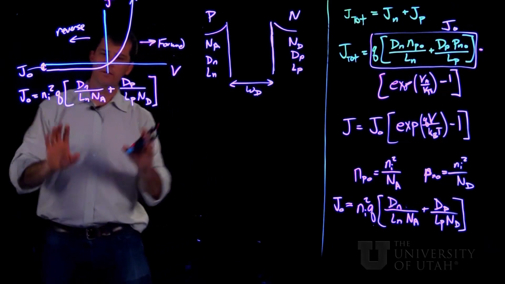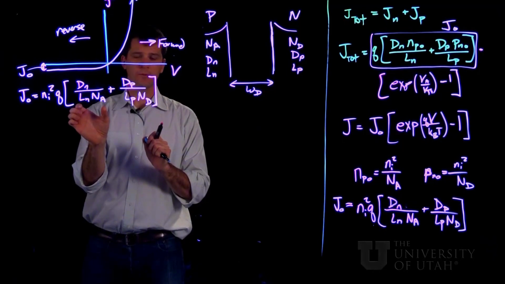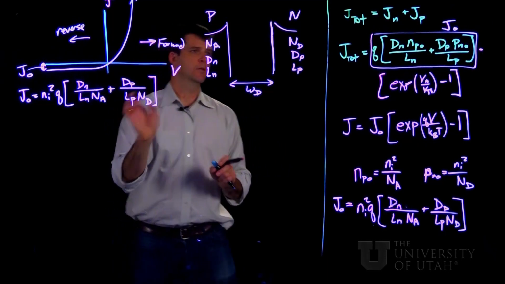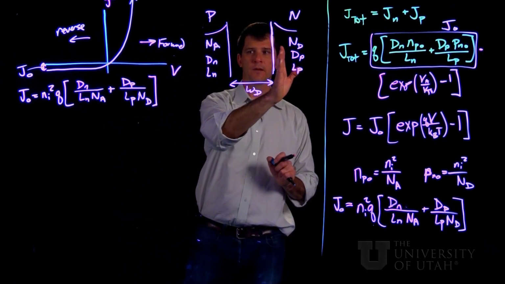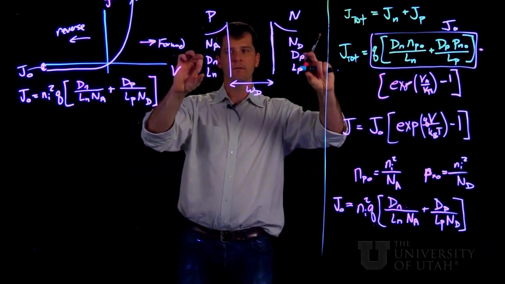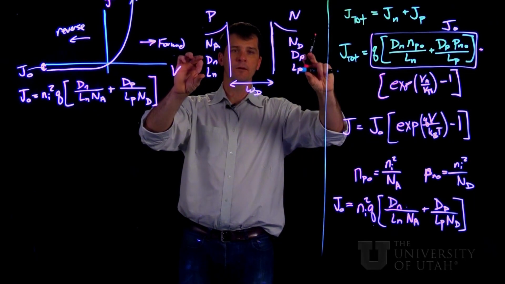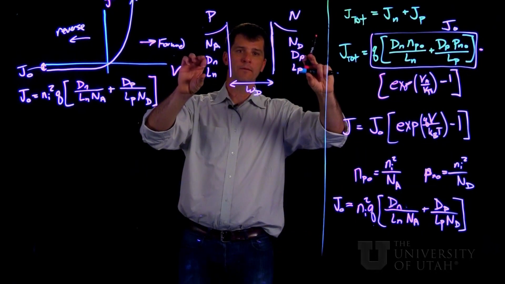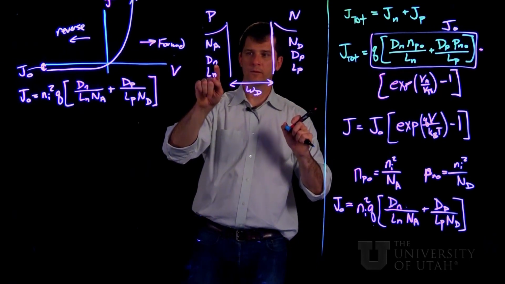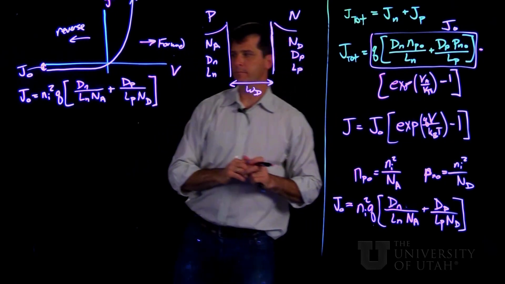And we look at this expression, we see that there are two contributions to it. There's one contribution that's coming from the edge of the depletion width on the p-type side, and another contribution that's coming from the edge of the depletion width on the n-type side. So we've got our p-type doping here, n-type doping here. Remember that these quantities, Dp, Lp, and Dn, Ln, refer to the minority carrier diffusion coefficients and diffusion lengths, for the electrons on this side and the holes on that side.